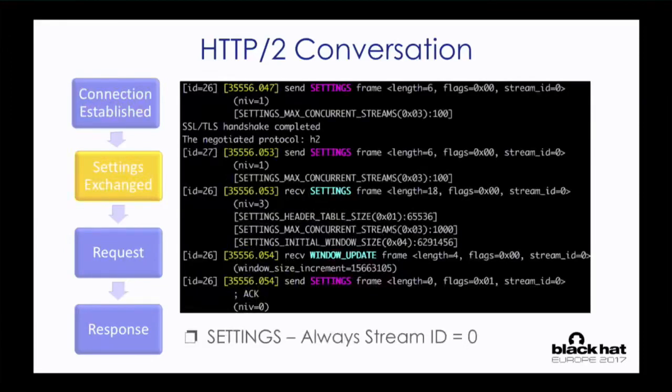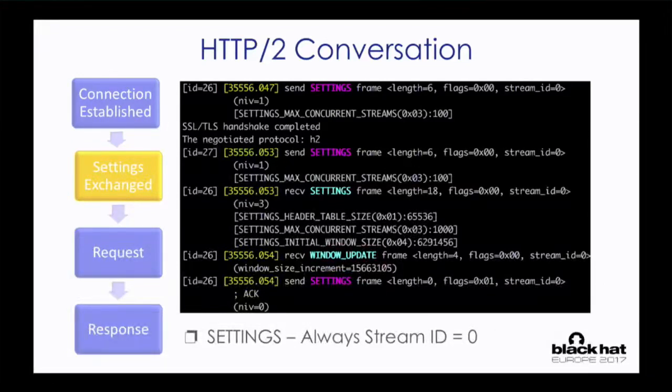Next, there is a settings exchange. Now, the RFC mandates both sides of the connection to send a settings frame as the first frame in every HTTP2 connection. This is mandatory. It could be an empty settings frame, but the first frame going on a new connection has to be a settings frame. And as I've mentioned, settings frames don't deal with a specific stream, they deal with characteristics of the entire connection, and therefore they are always allocated with stream ID 0.